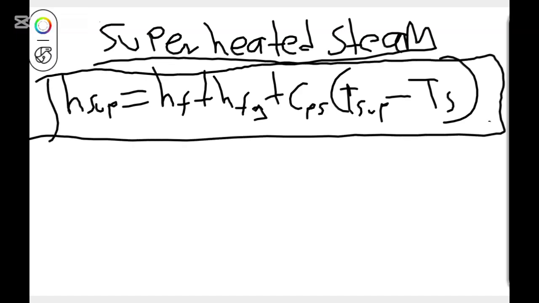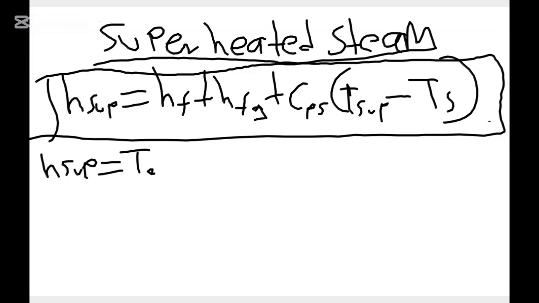So this is the formula for superheated steam. You have to take note that H superheated stands for the total heat of superheated steam.